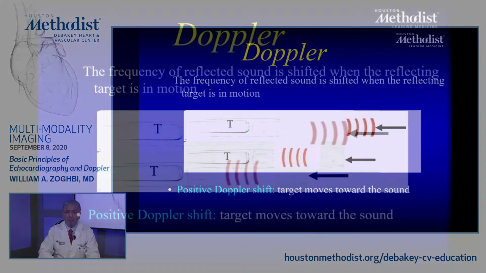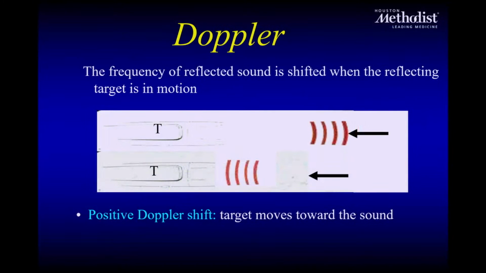And the principle is simple: if you have a certain frequency and that frequency is moving, or you are moving in relation to that frequency, there is either compression or decompression of these waveforms. So it would be either a higher frequency or a lower frequency, and it relates also to the velocity of that object.